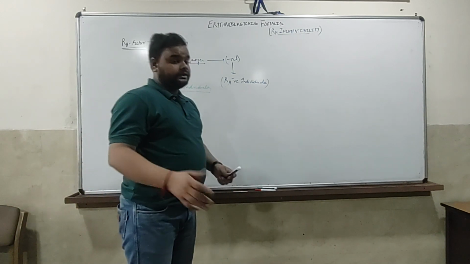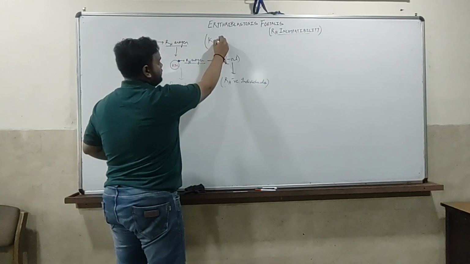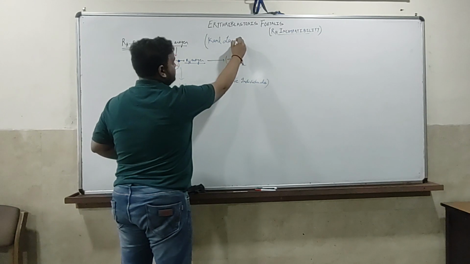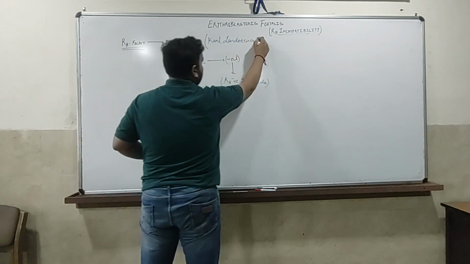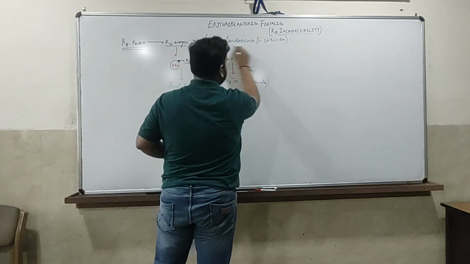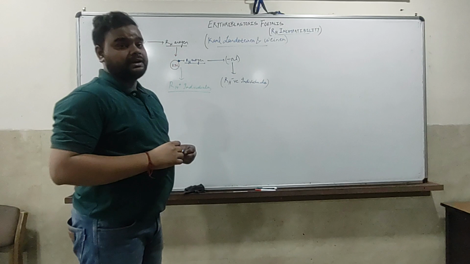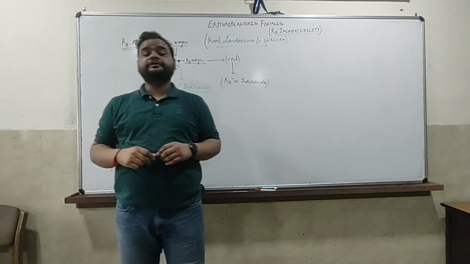Now this RH factor was discovered by Karl Landsteiner and Wiener. So Karl Landsteiner and Wiener were the two scientists who discovered the RH antigen on the surface of the RBC for the first time.